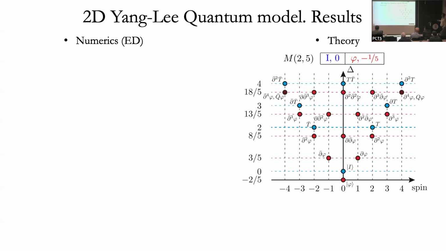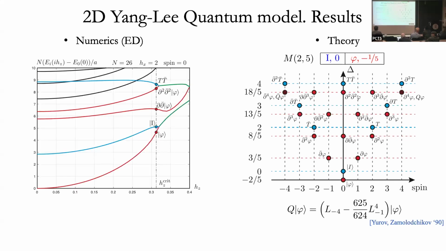The next two descendants are d phi and d bar phi, and so on. You can see that all the descendants up to this level are full derivatives, and the first non-trivial non-derivative descendant is what I call Q, following the original paper by Yurov and Zamolodchikov, who did the conformal truncation approach to this model.